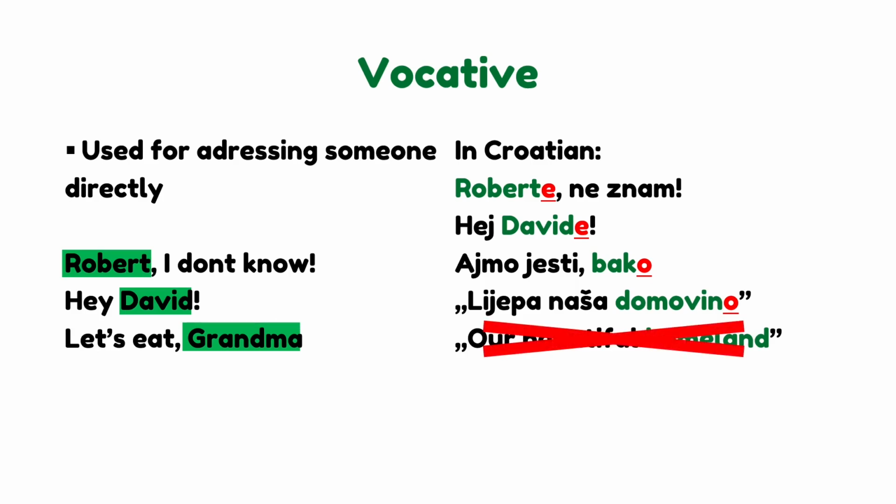So it's not the same thing as Lijepa naša domovina. Rather, you would have to get a bit creative and use that vocative comma that I was talking about to get the same meaning. So when you put it like, oh, our beautiful homeland, it sounds like you're addressing the homeland directly, while in Croatian or any inflected language, you can just do that by changing the suffix.